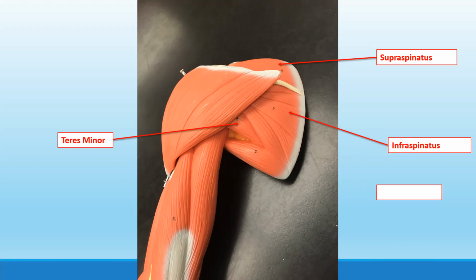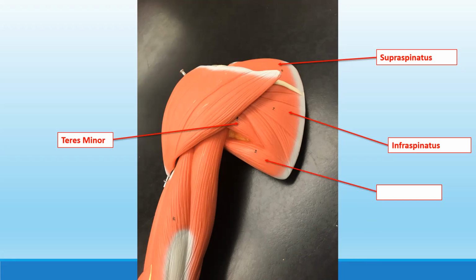It also is found below the spine, but it's tucked underneath the infraspinatus. Supraspinatus, infraspinatus, and teres minor. Teres minor is the only one that doesn't relate to any structure that we've seen before in bone.